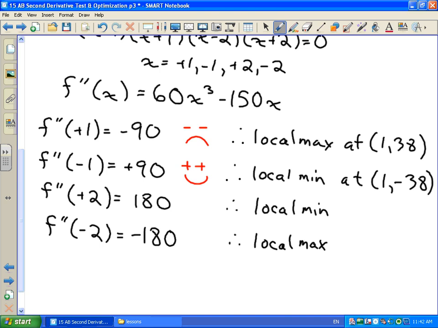And for x is +2 and x is -2, we've got, let's see, this is 216, and this is at -2, -16. Where did I lose that? Right here.